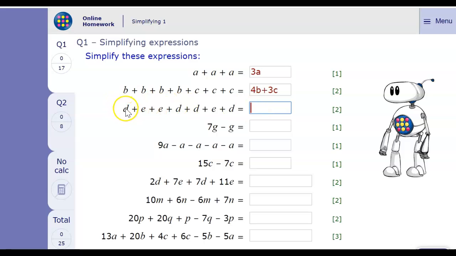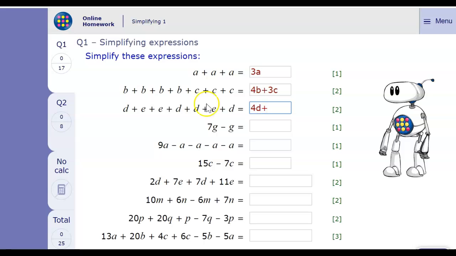So we've got a D term, and then we scan through, we can't add E, but we've got another D there, another D there, and another D there. So what does that become? A D, another D, another D, and another D. 4D, good.